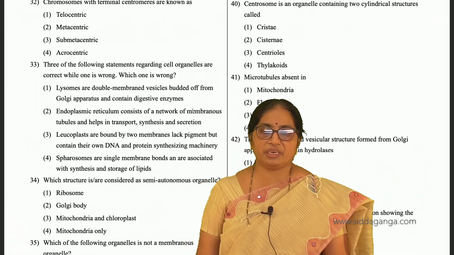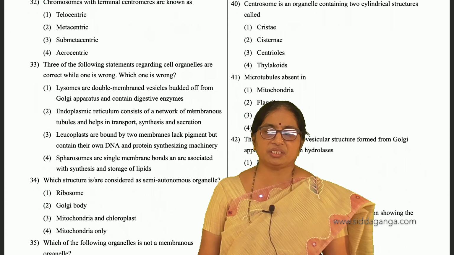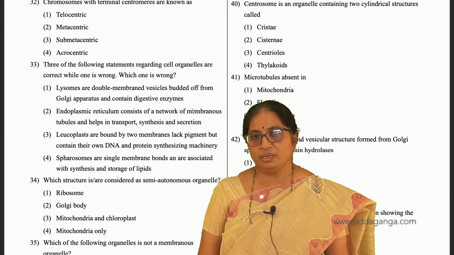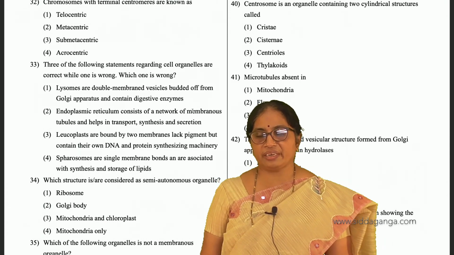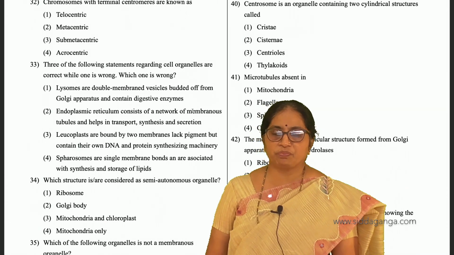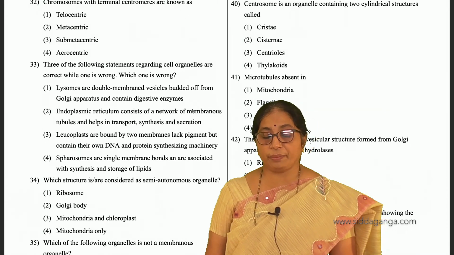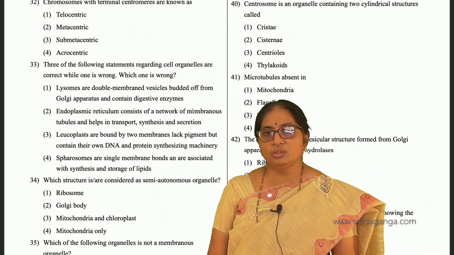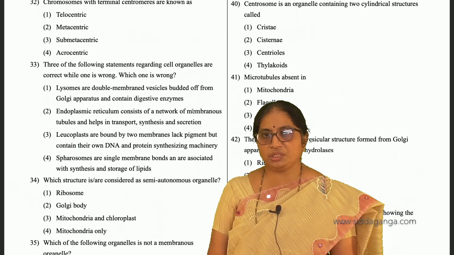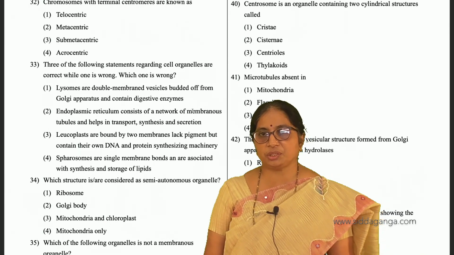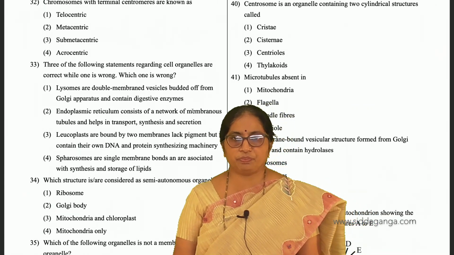Cristae are present in mitochondria, cisternae are part of the Golgi apparatus, and thylakoids are present in plastids. So, the right answer is centrioles, which is related with the cylindrical structures in the centrosome.